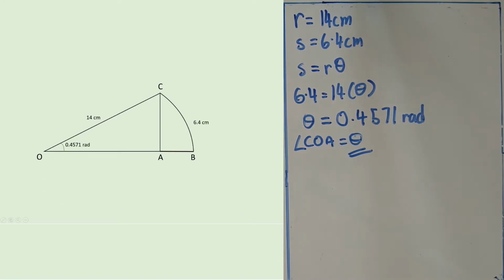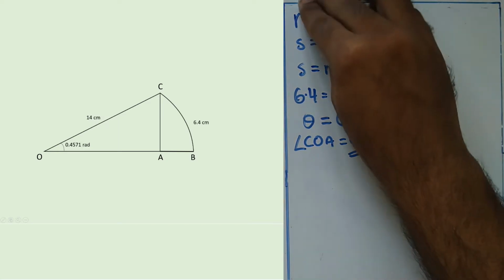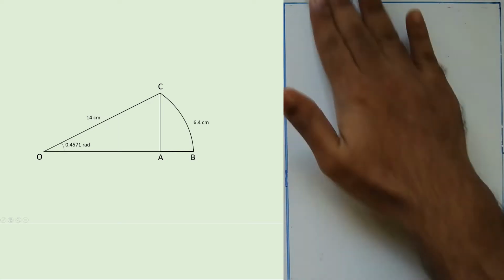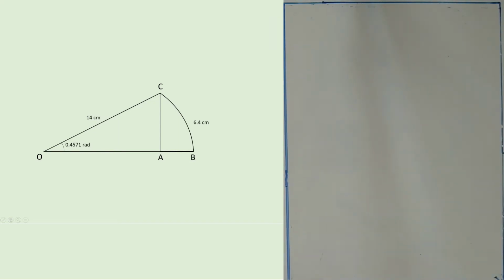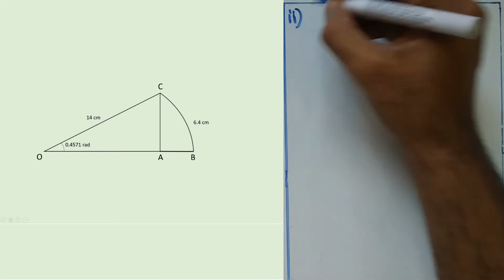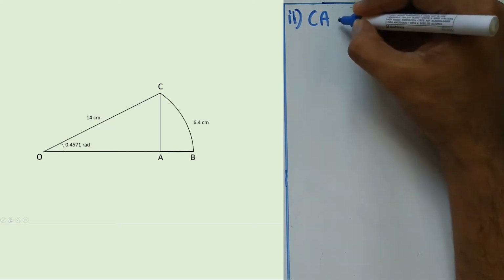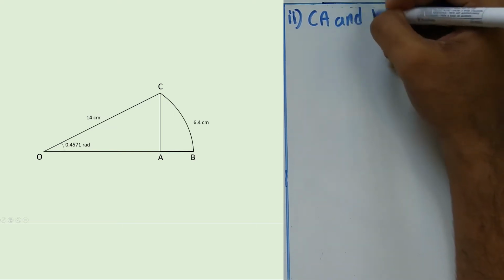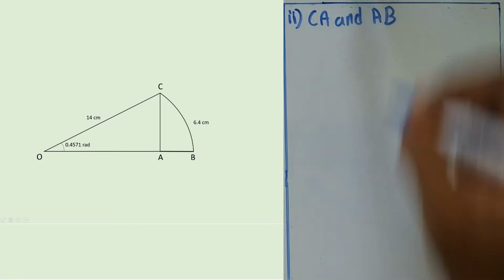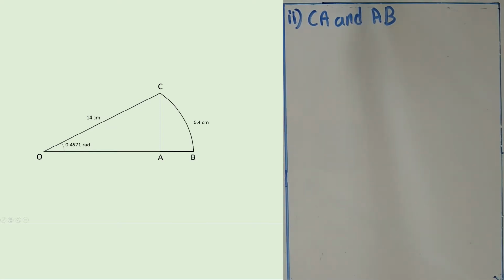For the second part, we need to obtain the length CA and AB, because the perimeter ABC requires us to add the lengths of AB, BC, and CA.